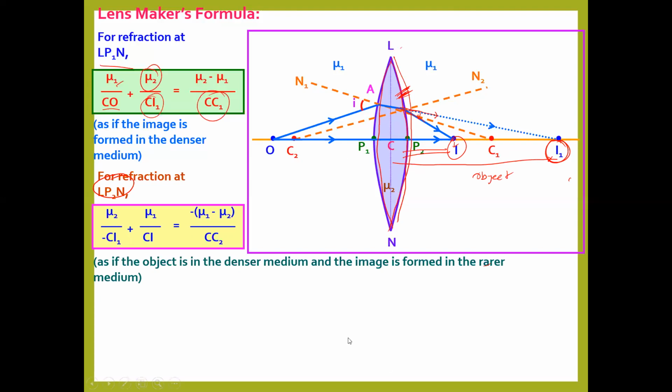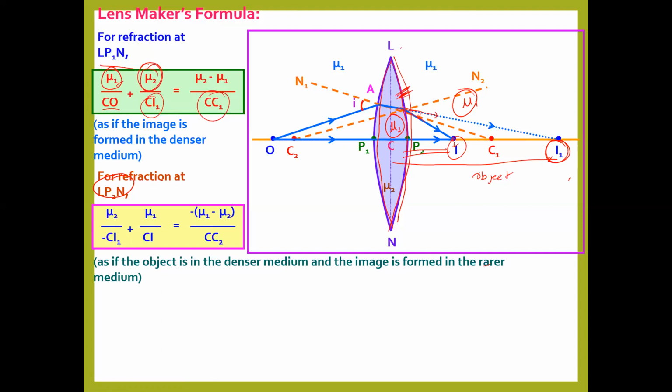And when we use the same formula for that surface, the first medium is mu2 and the second medium is mu1. Previously, for the first surface, the first medium is mu1 and the second medium is mu2.